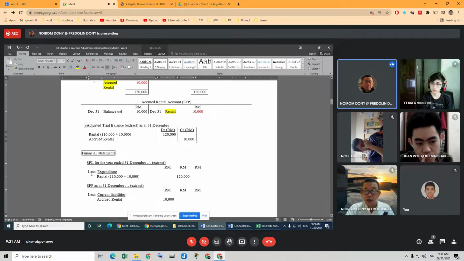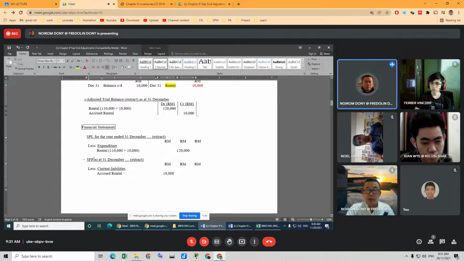Because we are preparing the statement form, we show the working, 110,000 plus 10,000, and put 120,000 in the second column. Why the second column? Because we need to list all the expense types first, then add the total expenses, then move on to the third column.